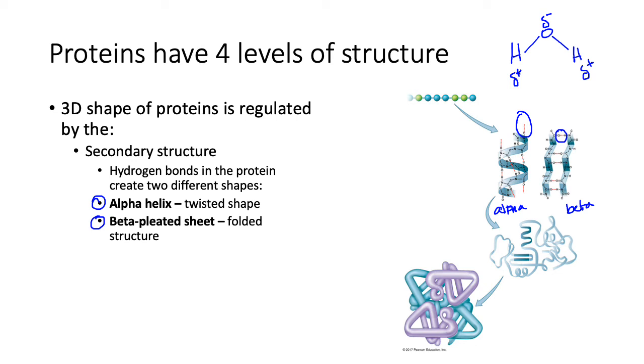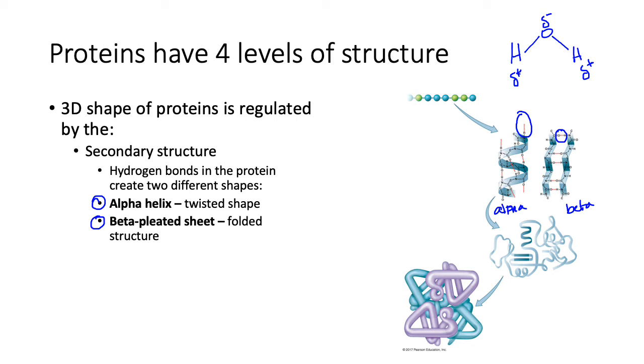But both of these are formed because of hydrogen bonds that are occurring between amino acids. So primary structure, we have amino acids linked together in a very specific way. Secondary structure, we have hydrogen bonds that are creating either this twisted alpha helix or this zigzagged beta pleated sheet.